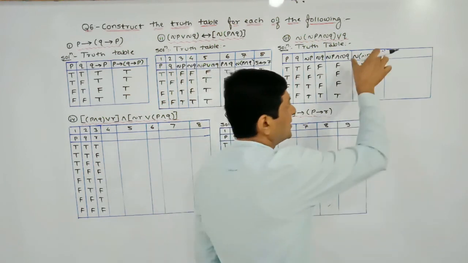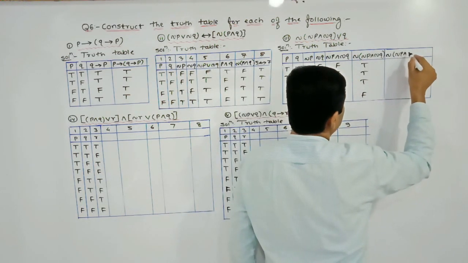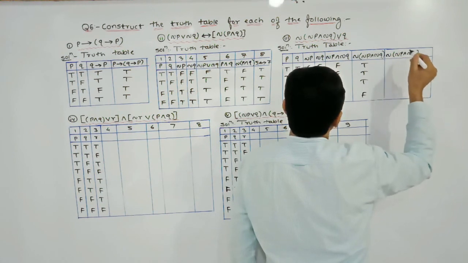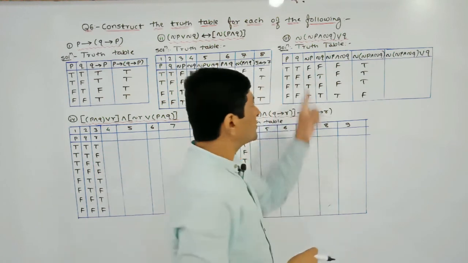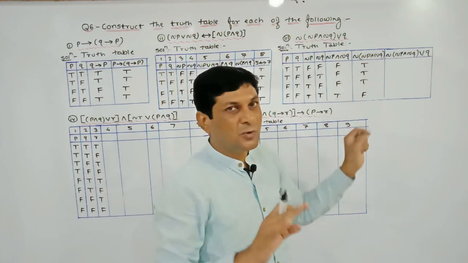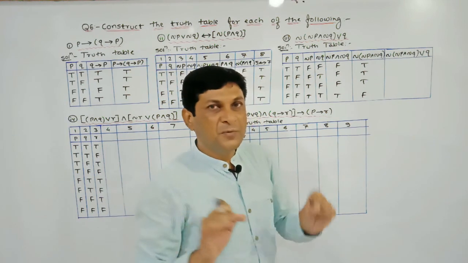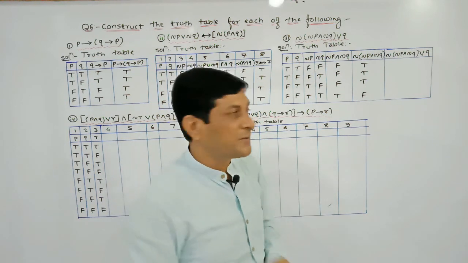Now we are connecting this whole statement with Q by what? OR. So write down this whole statement, means negation of negation P and negation Q, and we are finding its OR with Q, means this column and this column we are connecting by which logical connective? OR. And in case of OR, simply we have to remember that if at least one statement is true, OR will be true.